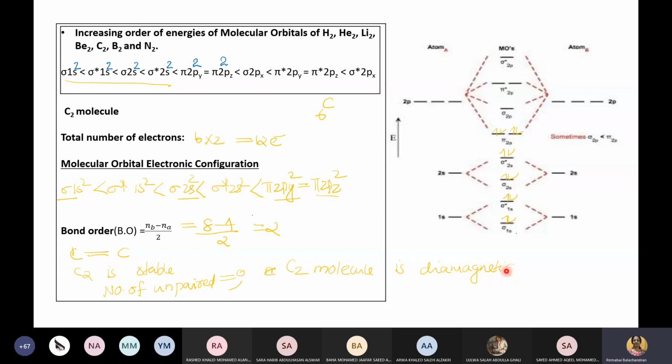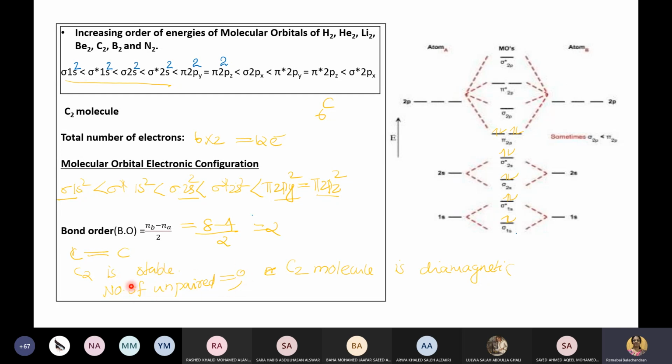Diamagnetic. Now, how do you find the bond order? So how many without star? 2, 4, 6, 8. Now with star, how many? 2 plus 2, 4. So the bond order is 2, which means there is a double bond. So the C2 molecule is stable.